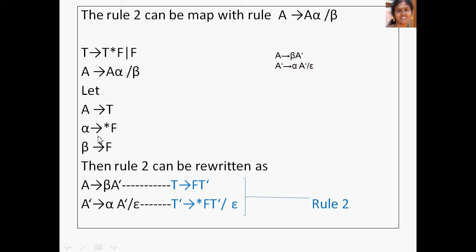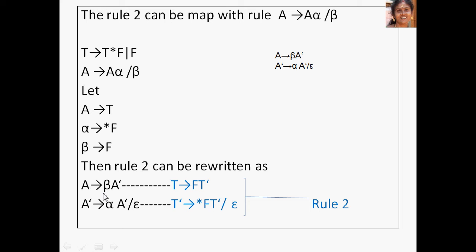Right. And next, after assigning this, we consider the expansion of the A production rule. The expansion is: A with beta A dash, and A dash with alpha A dash or epsilon.